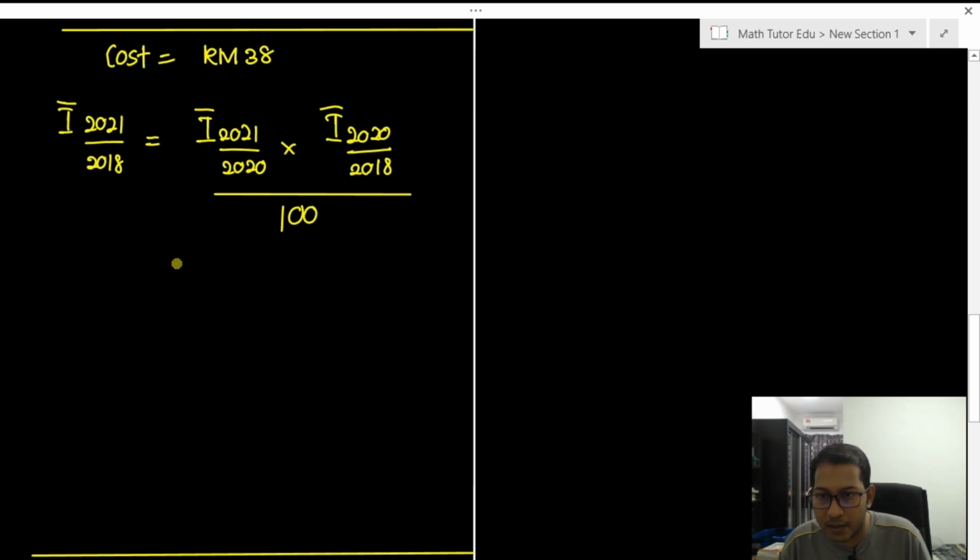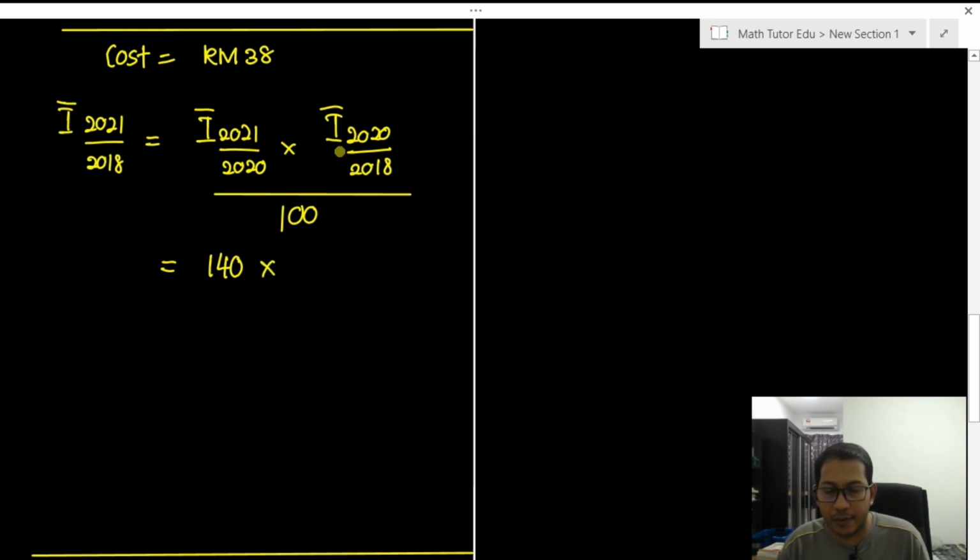So from here it equals 140. How did I get this 140? The question itself already gives you the hint, which is that the cost of making a packet of food increases by 40% from the year 2020 to the year 2021. So from here, 100 you just plus 40. That's how you get the composite price index 140.